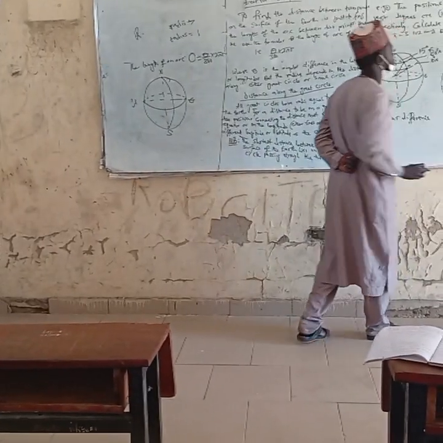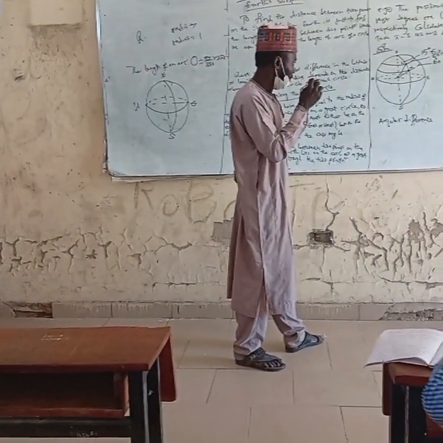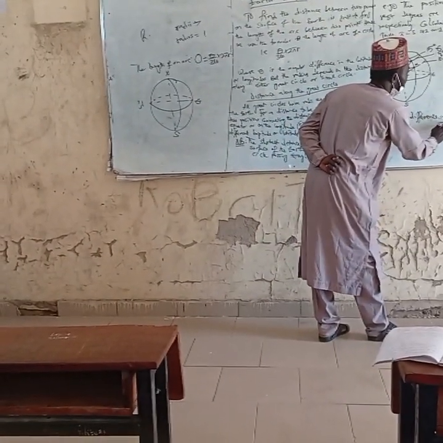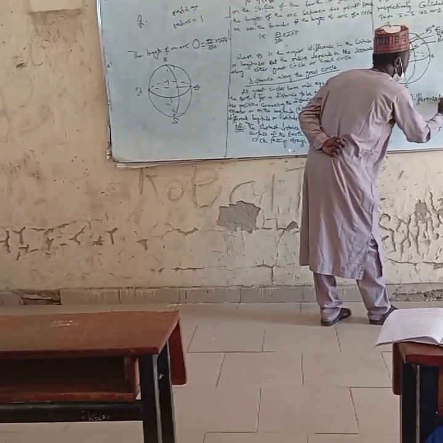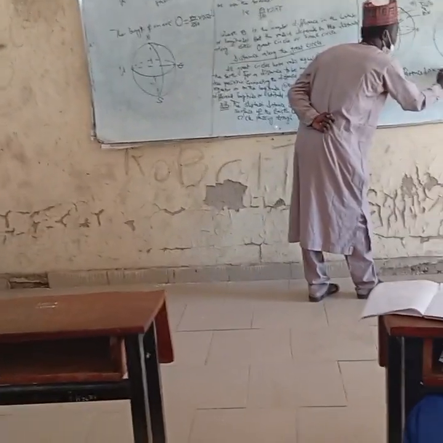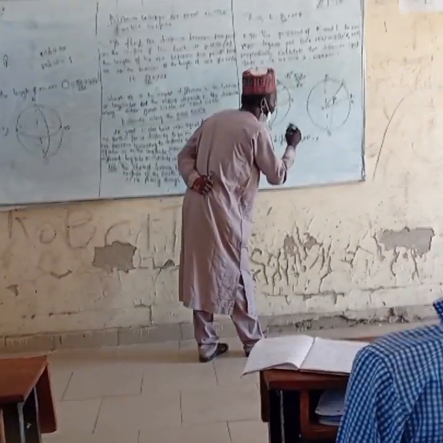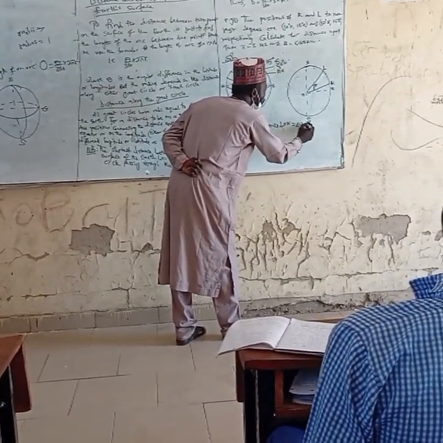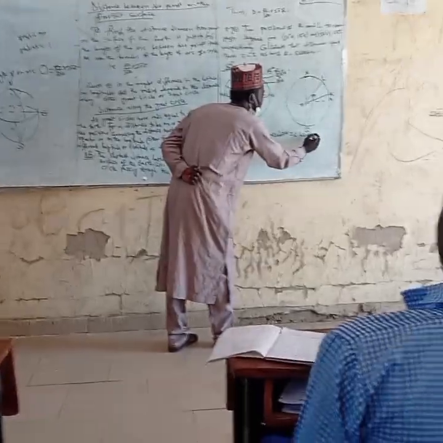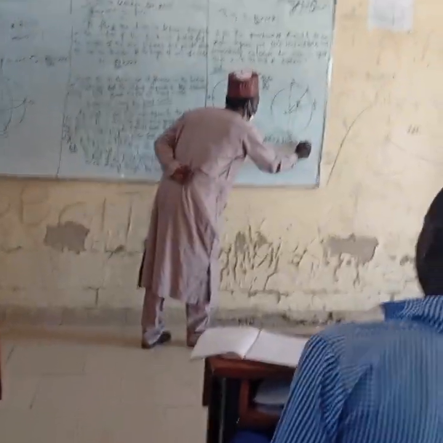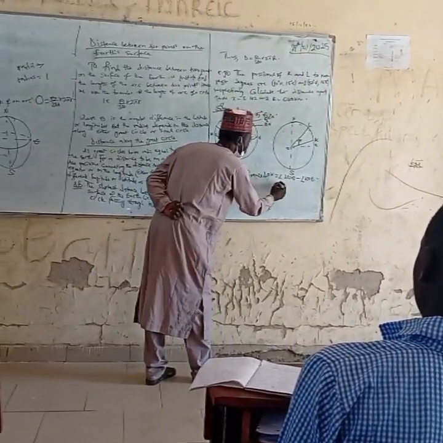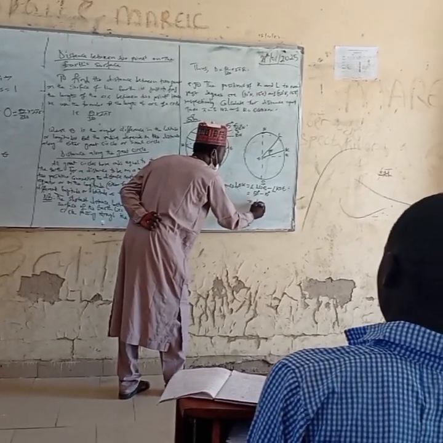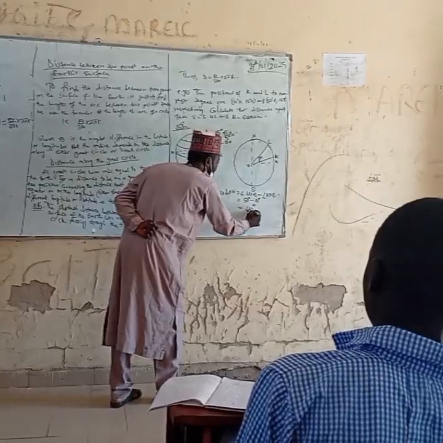Let me take it. The angular difference, angle LOK, is the same thing as angle LOE minus angle KOE, which is 50 degrees minus 10 degrees, which is 40 degrees.